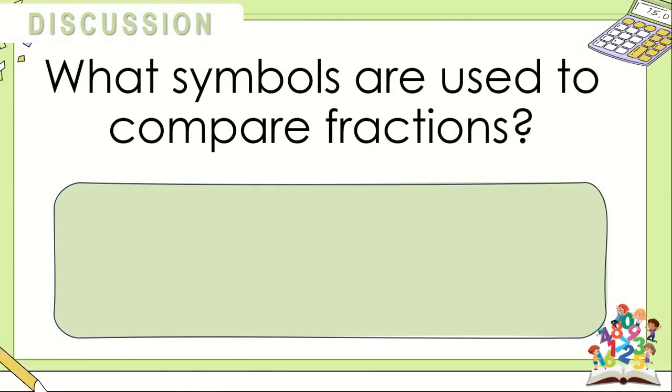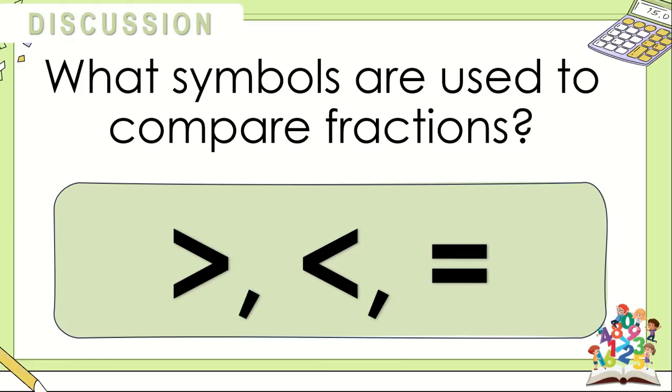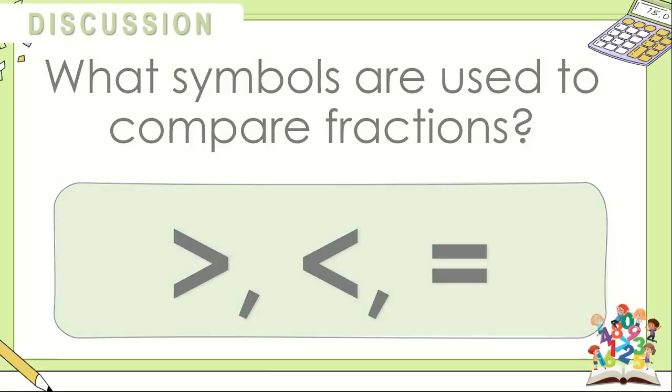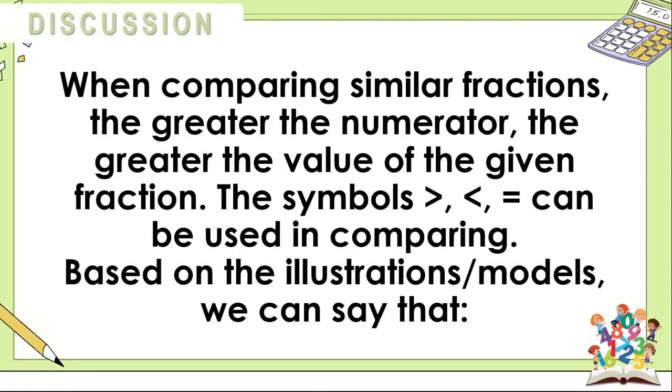What symbols are used to compare fractions? Greater than, lesser than, and equal to. When comparing similar fractions, the greater the numerator, the greater the value of the given fraction. The symbols can be used in comparing.